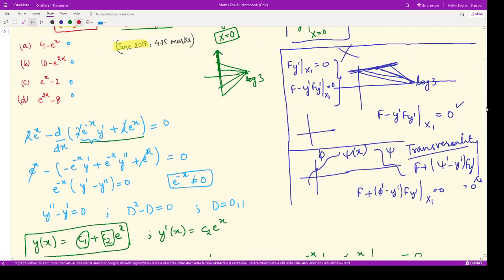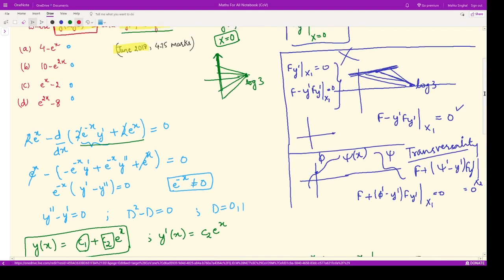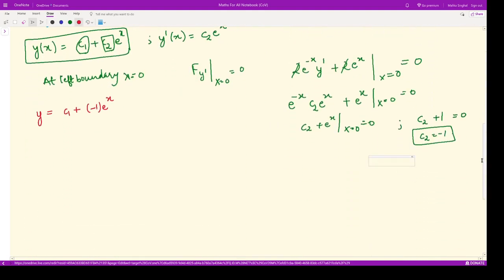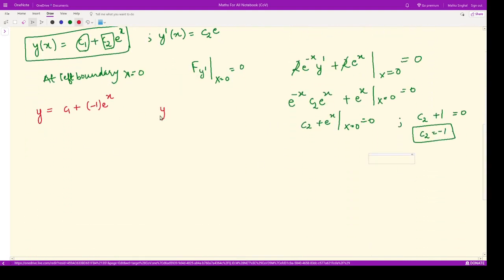Our condition was y at log 3 is 1, right? So we have 1 is equal to c1 minus e to the power log of 3. So c1 minus 3. So you get c1 is equal to 4.